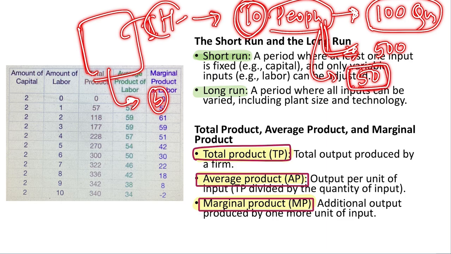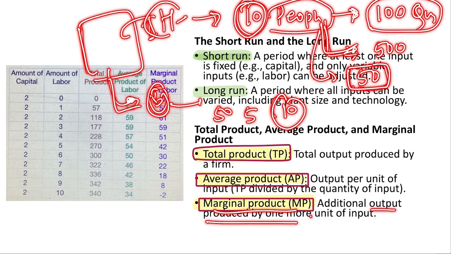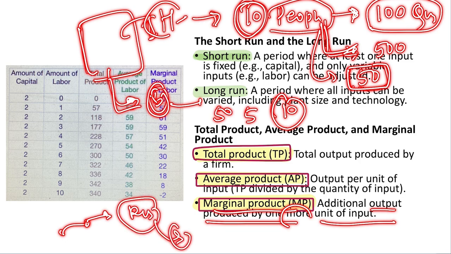Now we can say that the output increase per person is 10 quintal. So that is the marginal product. It is the additional output produced by one more unit of input. Like if you employ one extra laborer, you can see a rise in output. That rise in output for one employee is the marginal product.